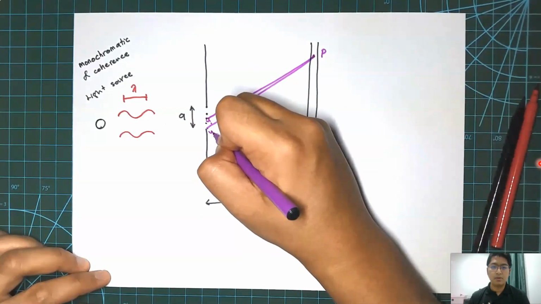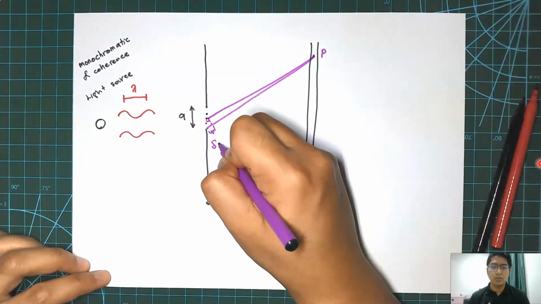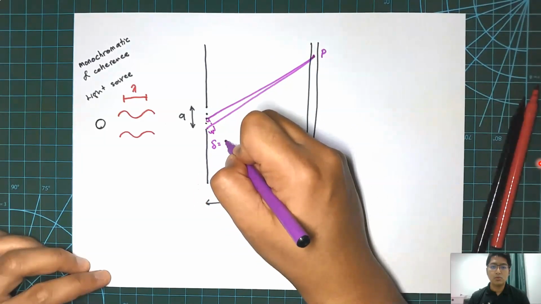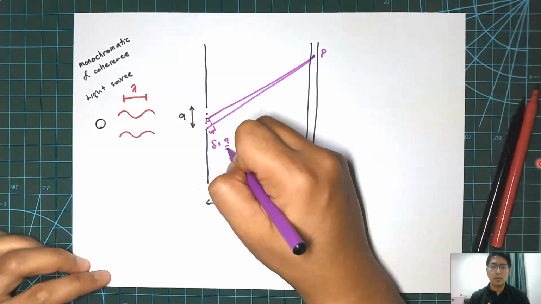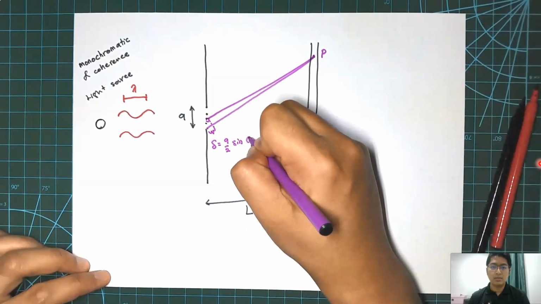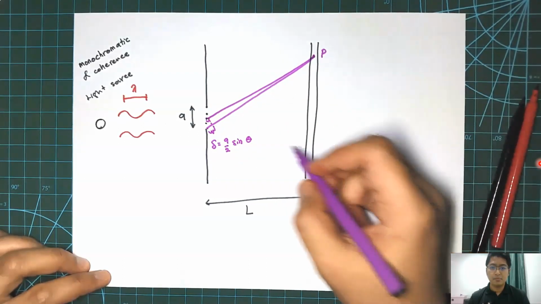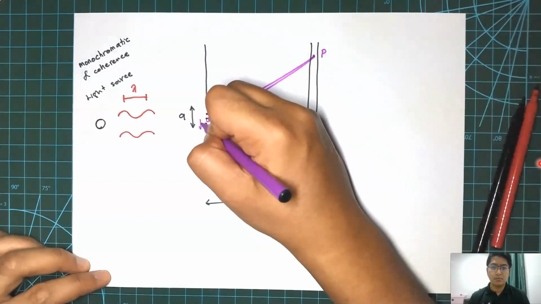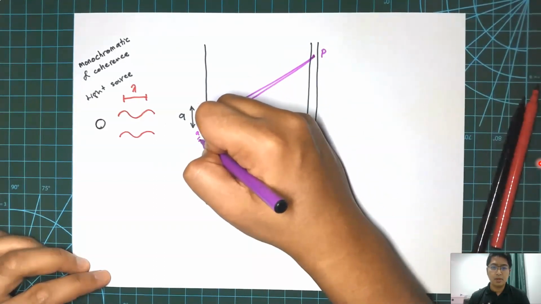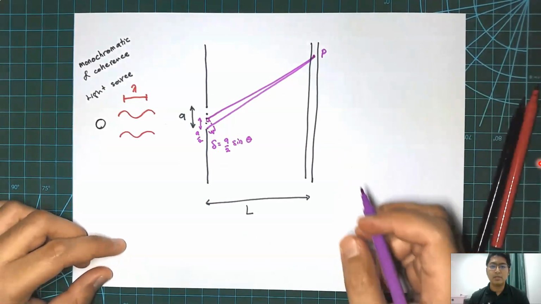The path difference between the portions equals A divided by 2 sine theta, and A divided by 2 is actually half of the width of the slit.